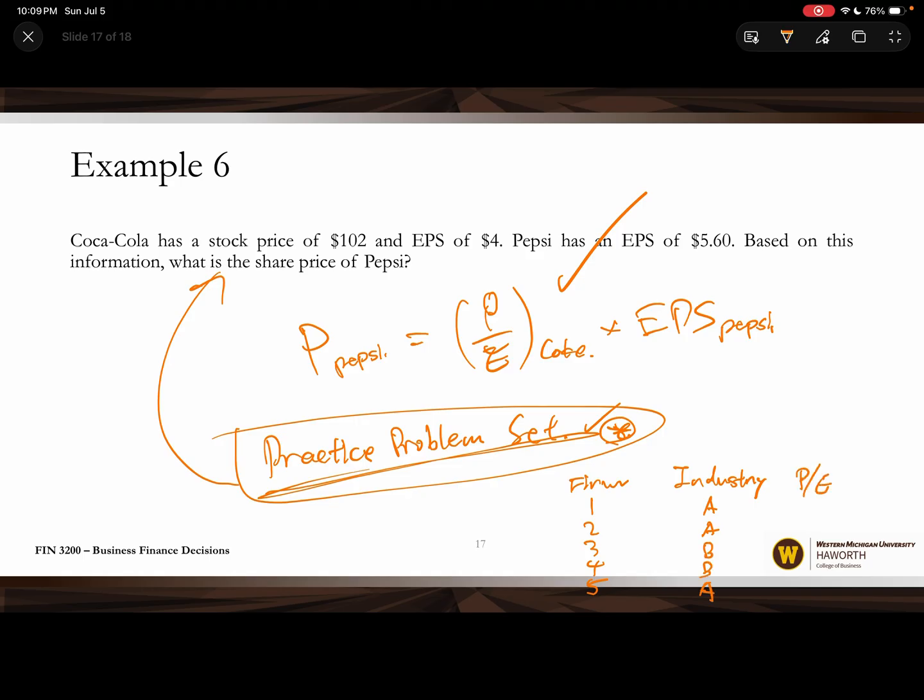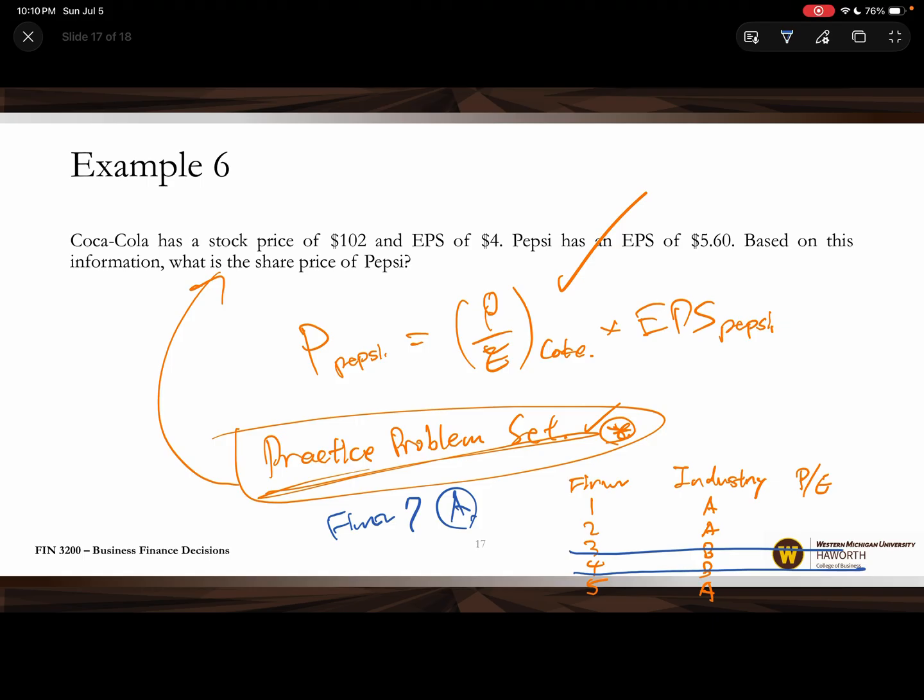If the problem asks me to value firm 7, which operates in industry A, you want to ignore the information for firms that operate in industry B, because they're not comparable firms.